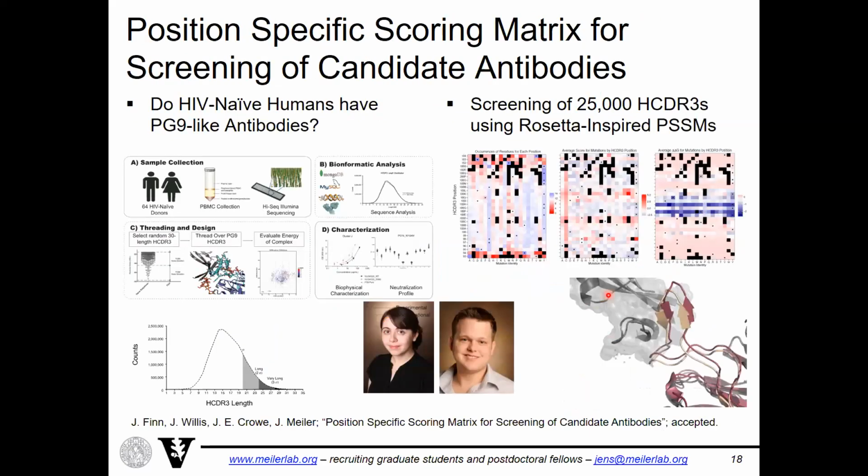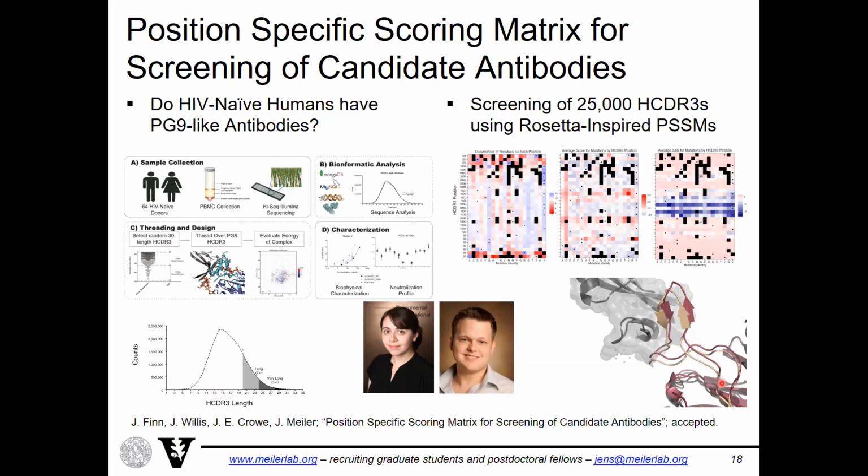And so for this purpose, in the Crow lab, there was a sequencing experiment done at the time. 64 HIV-naive blood donors from the Red Cross in Nashville. Their antibody repertoire was sequenced. We got about 25 million unique HCDR3 sequences. About 25,000 of those had the right length, belonging to this class of very long, 31 or so residues, very long HCDR3 loops.